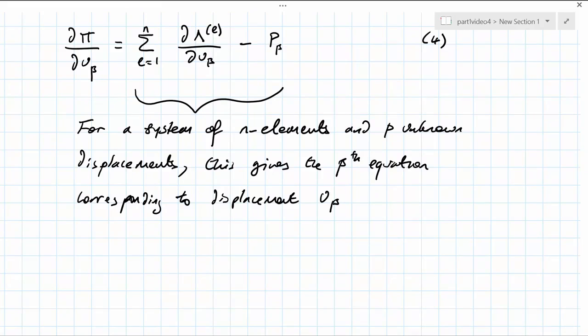So for example, for a system containing n elements, the contribution of the beta displacement to the strain energy is given by the following expression.